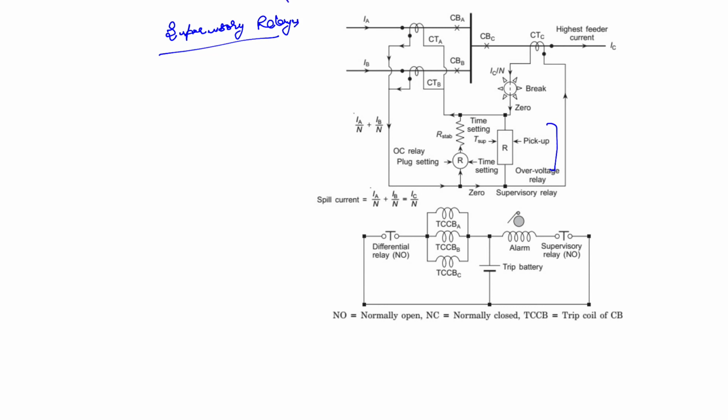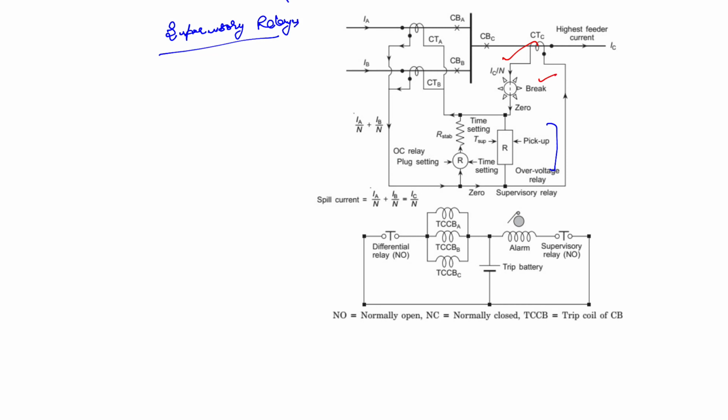So the function of this supervisory relay is that the spill current in this case will be IC divided by N. What happens when there is a break in the pilot wire coming from the secondary of the CT?